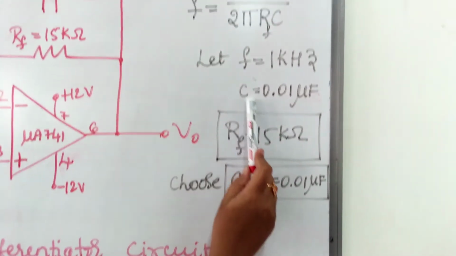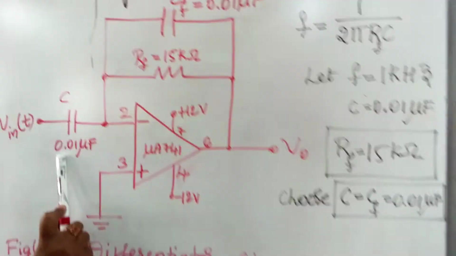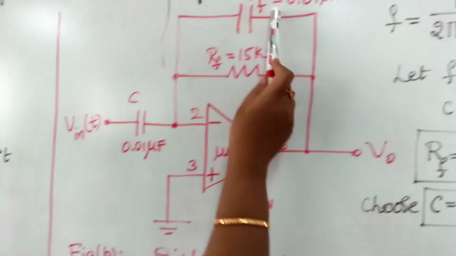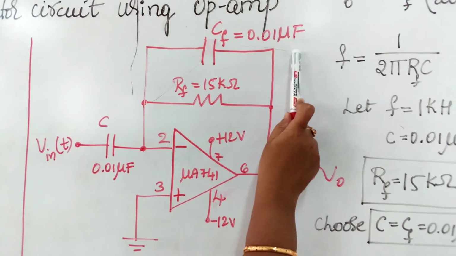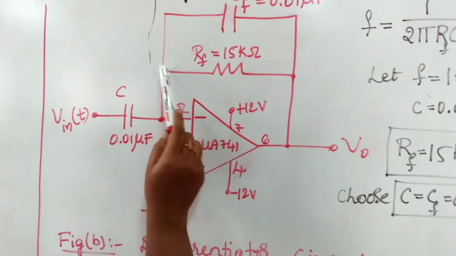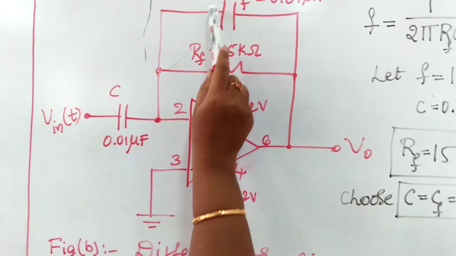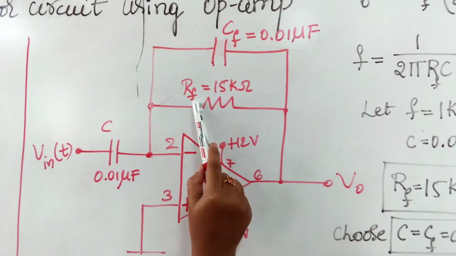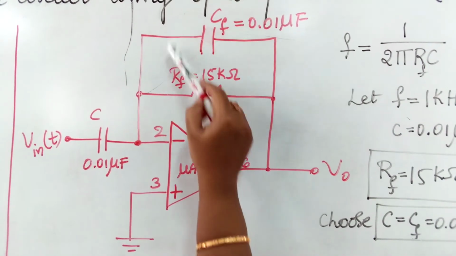Then choose C equals CF, that is equal to 0.01 microfarad. Initially we assumed C as 0.01 microfarad, so let us choose CF equal to C. Practically, we connect one more feedback component, that is a capacitor, in parallel with the RF. Why do we need to connect this?